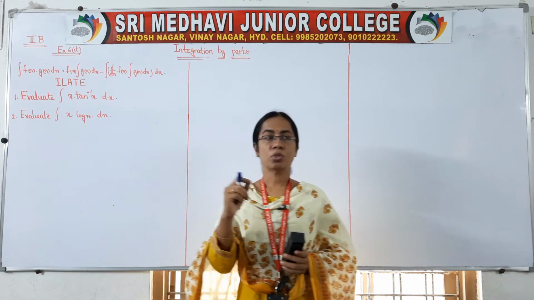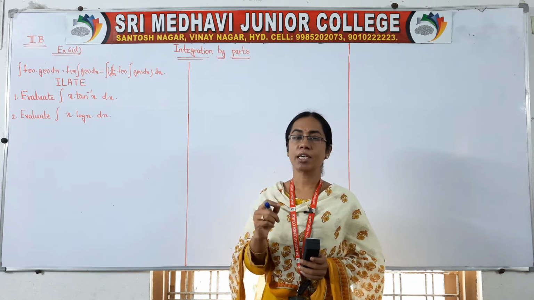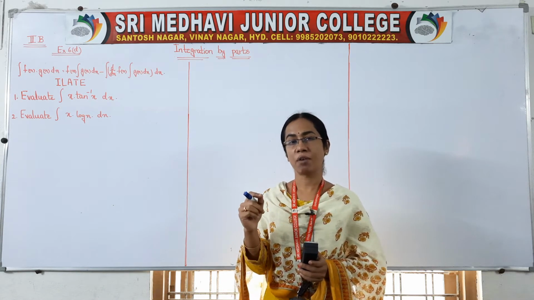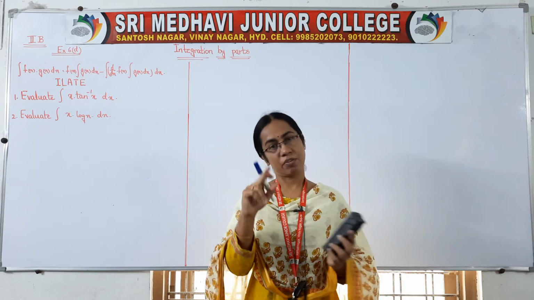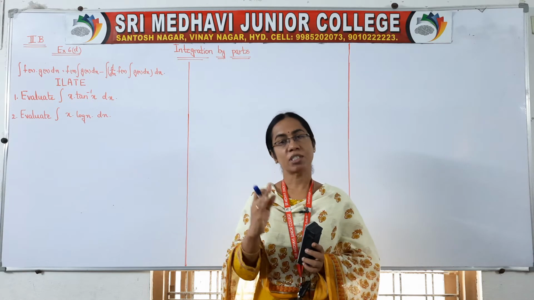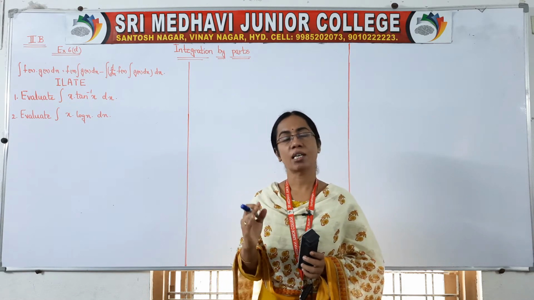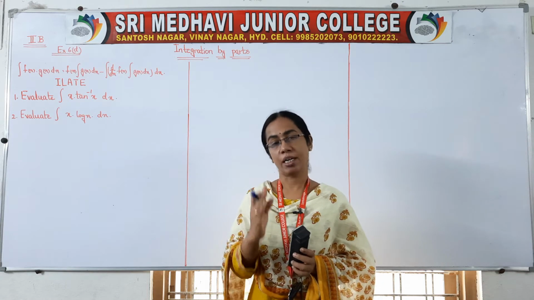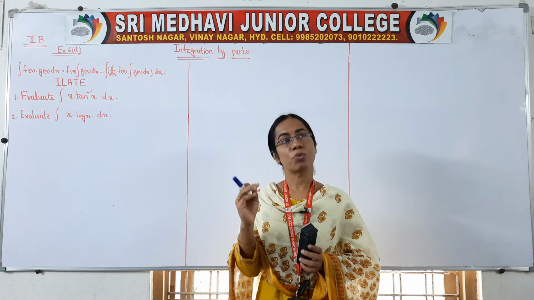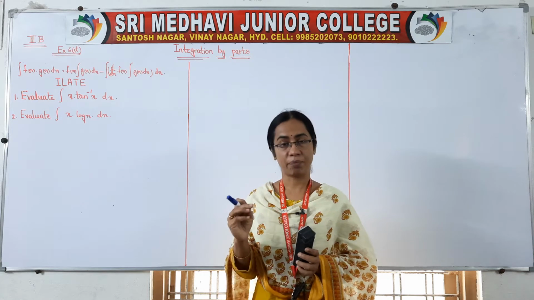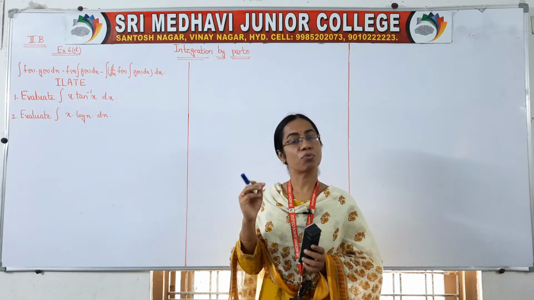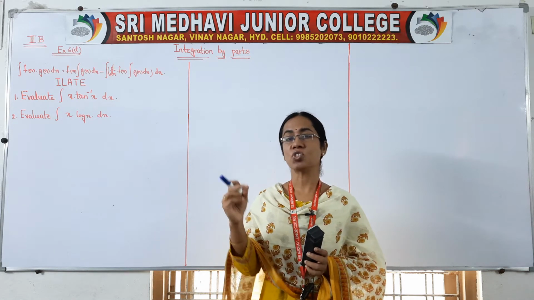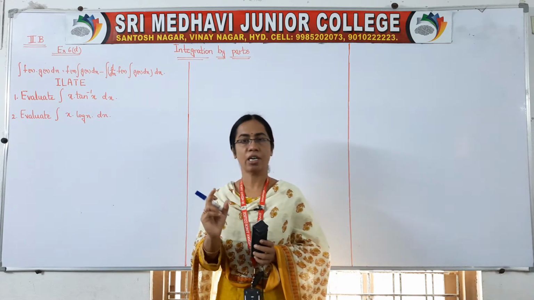Suppose the functions in the integration have plus or minus within the integration, then we take separate integrals. But suppose a product form is there, u into v or f of x into g of x, two functions in product form.